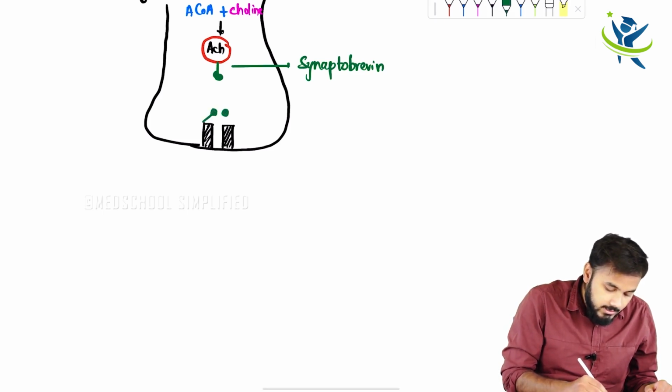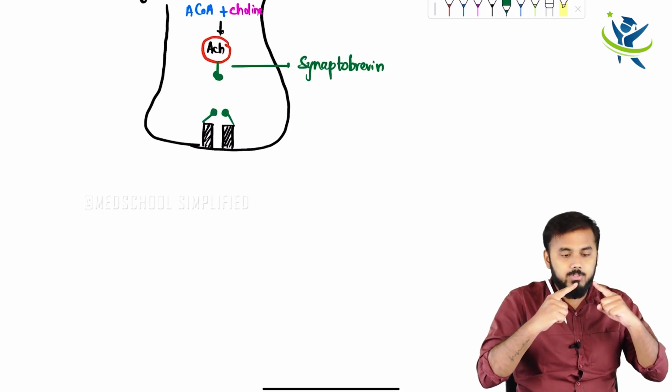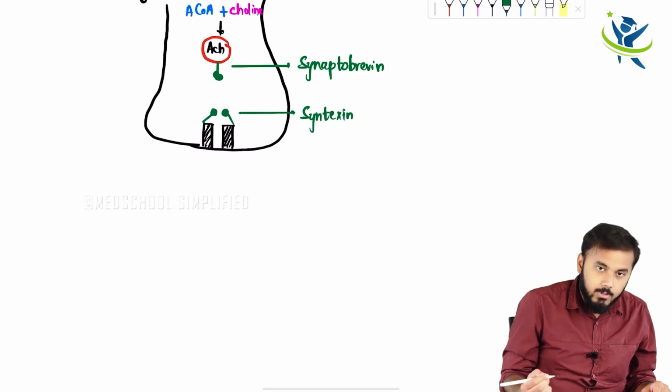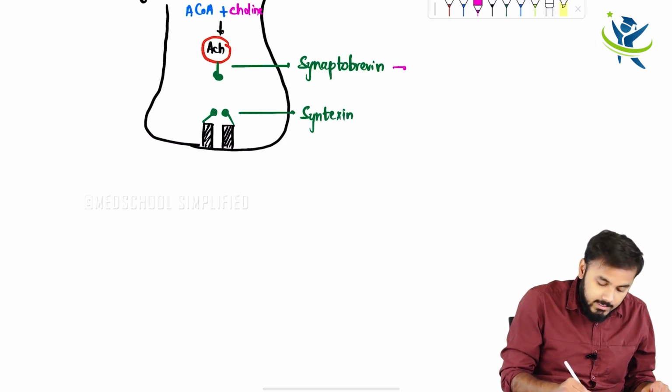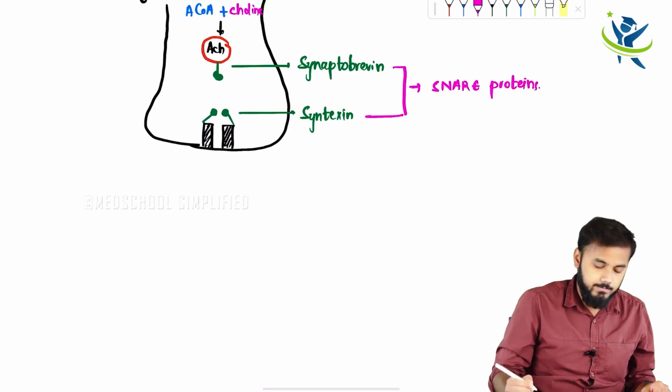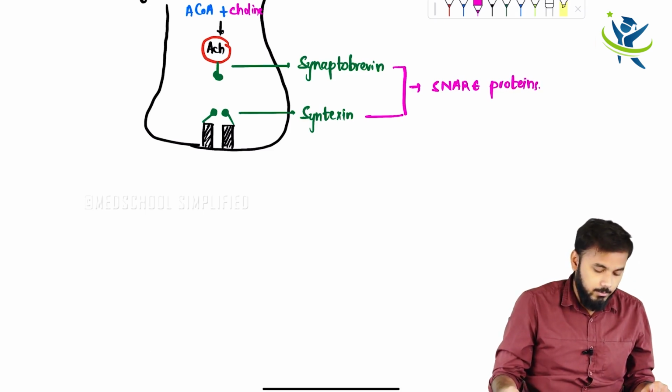These drumstick-like proteins, which are close to one another, are called syntaxin molecules. So synaptobrevin and syntaxin together are called SNARE proteins.